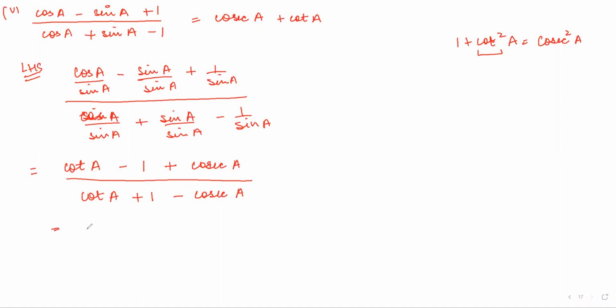Now what can I see here? So let us use this identity. For example, I can replace this cosec A, right?